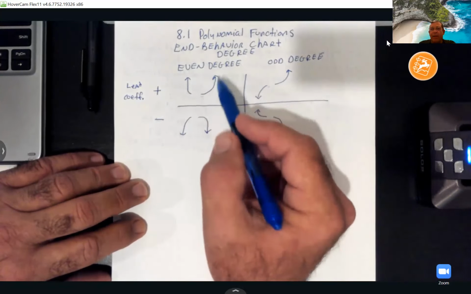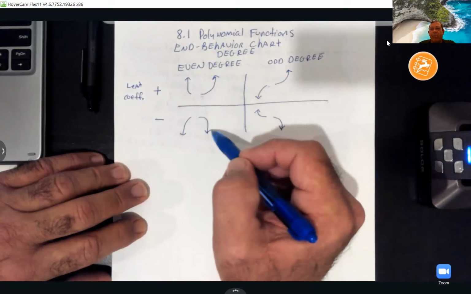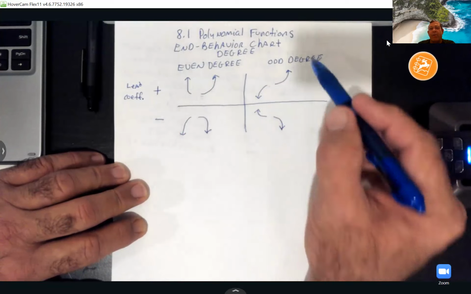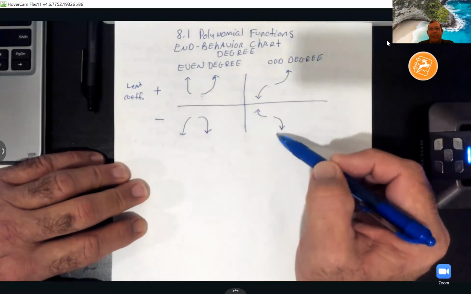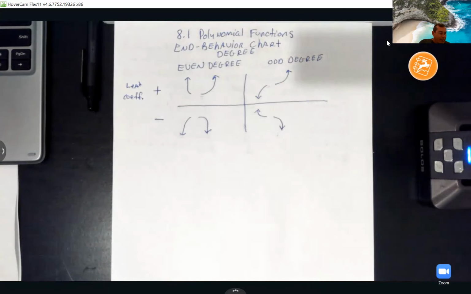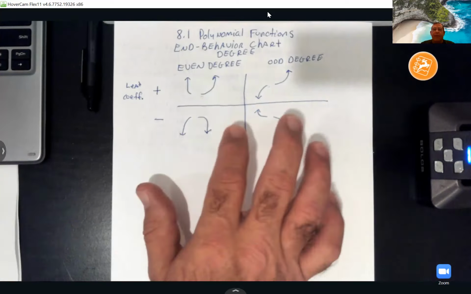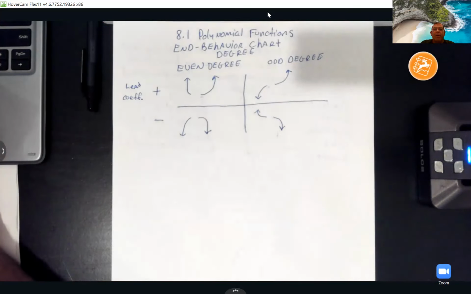Even degree, both up or both down. Odd degree is either going to go uphill or downhill. So let's see, I believe the first 4 in Math Lab, we'll look at this, and then we'll start playing with what we call zeros. So I'm going to take us to Math Lab, and y'all remember this chart real quick.